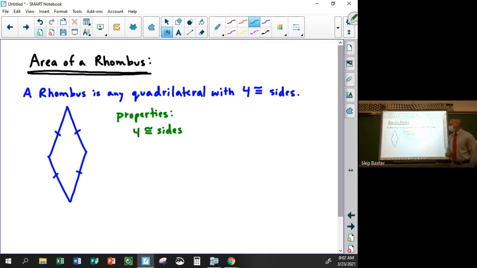The second thing is it has 2 pairs of opposite congruent angles. Opposite angles are congruent. Another thing that's true about rhombuses is that the diagonals bisect each other.